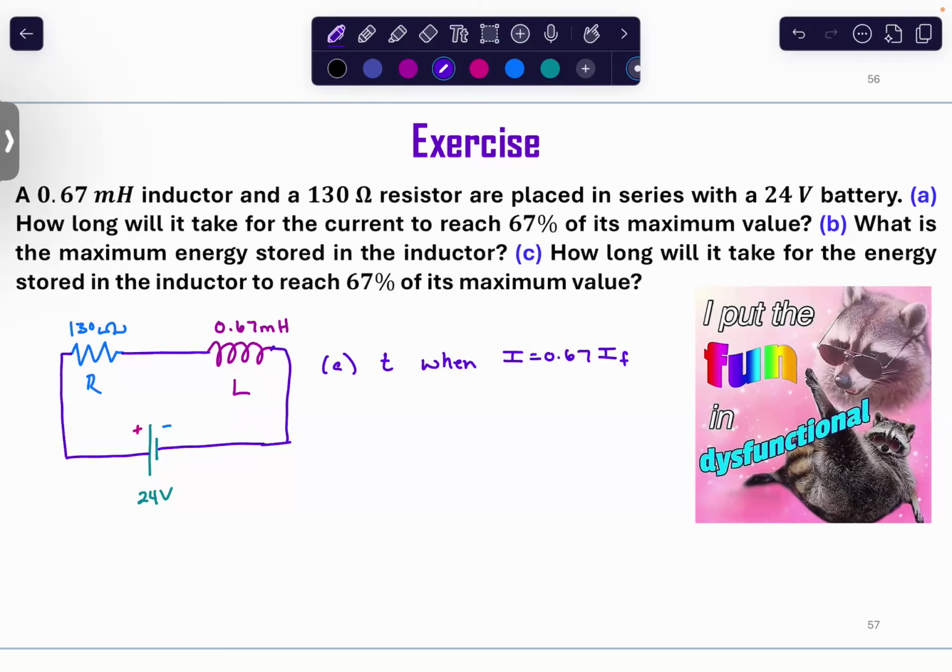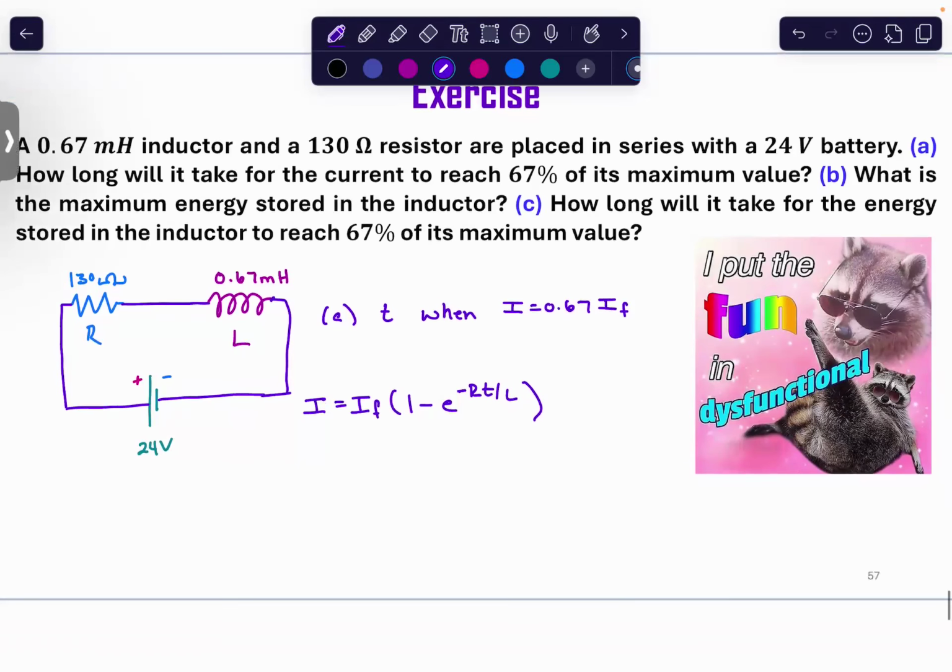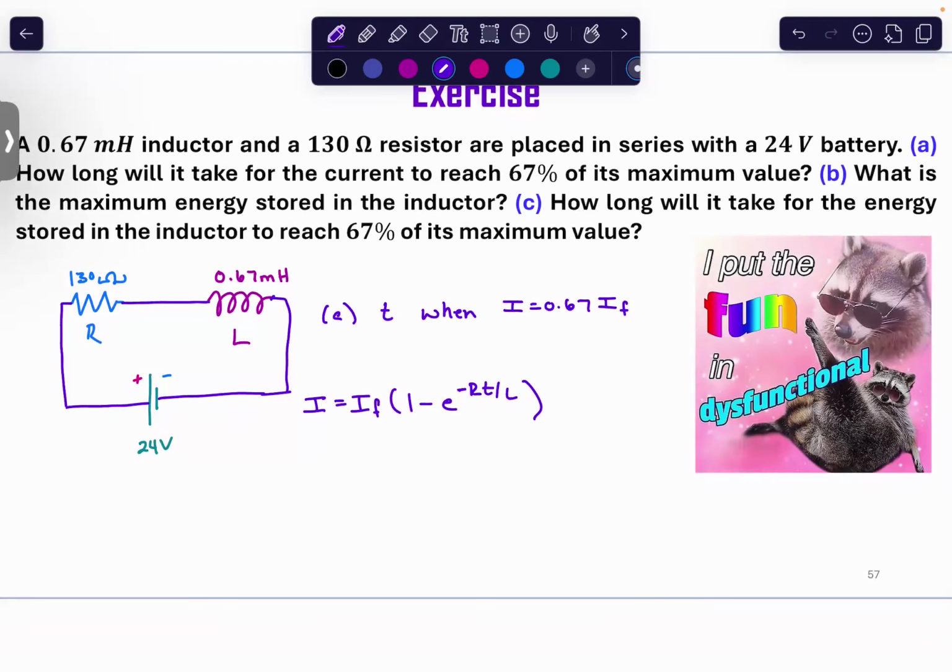So we go back to our charging equation for current. And so we have to solve for T when I equals 0.67 I_F.